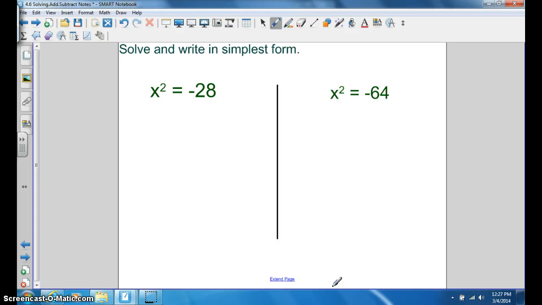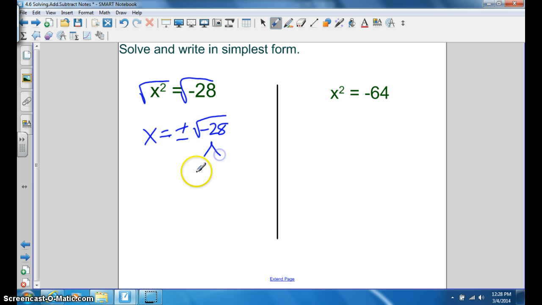Now, for solving, keep in mind we're solving quadratics, so we always have to have two answers. For our first example, we have to isolate x squared. That's done for us, so now all we have to do is take the square root of each side. When we do that, we're left with x equals plus or minus the square root of -28.